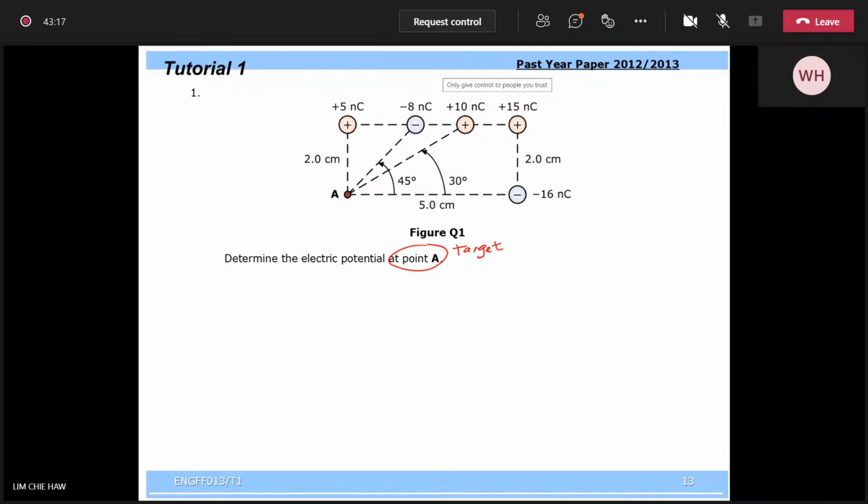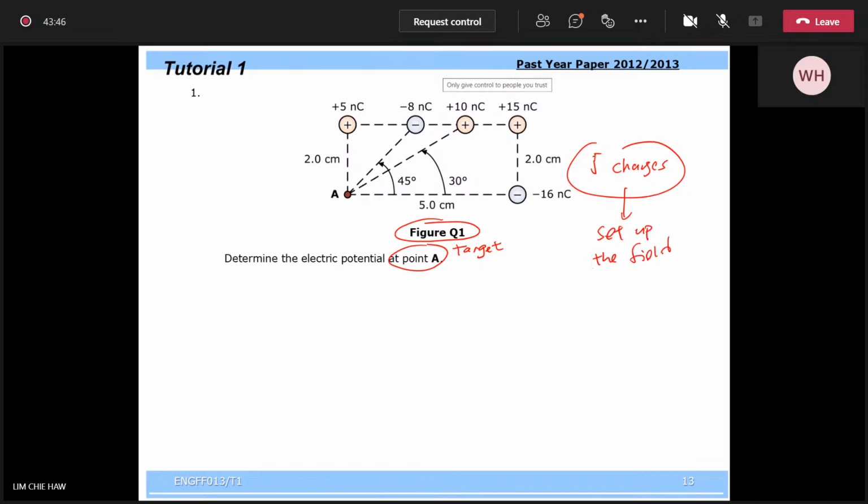You can always refer to the figure in Q1. Point A is at a certain distance from all these charges, isn't it? You have 1, 2, 3, 4, 5. You have 5 charges there, so these 5 charges set up the field.